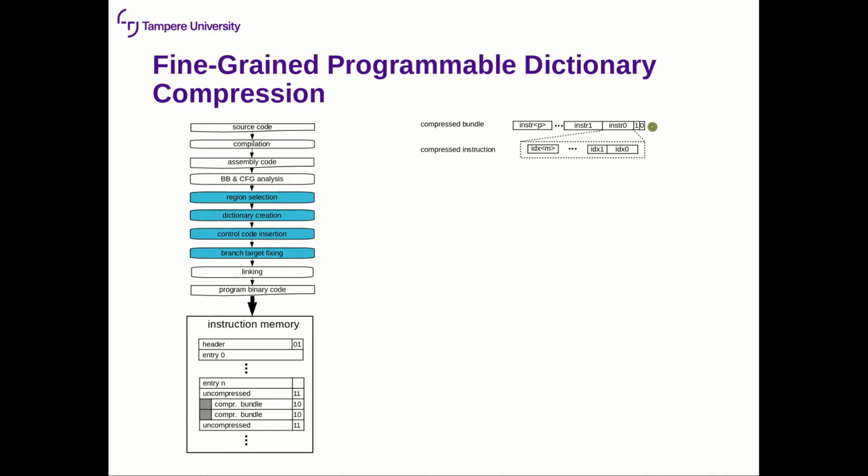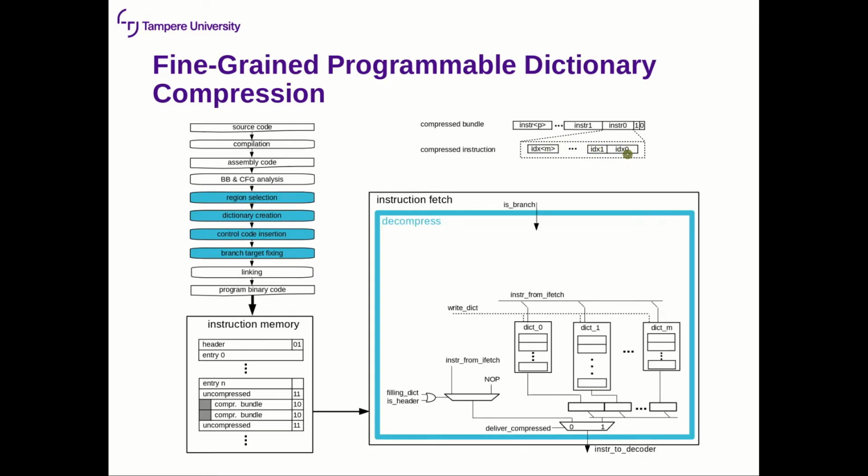It is simply a number of instructions fixed at design time, and each instruction merely consists of indices to all of the dictionaries. And this is how the instruction fetch hardware looks like. We have a number of dictionaries in parallel, and for each of them we can configure their number of entries and the width. During execution, we can either fetch uncompressed or compressed instructions.